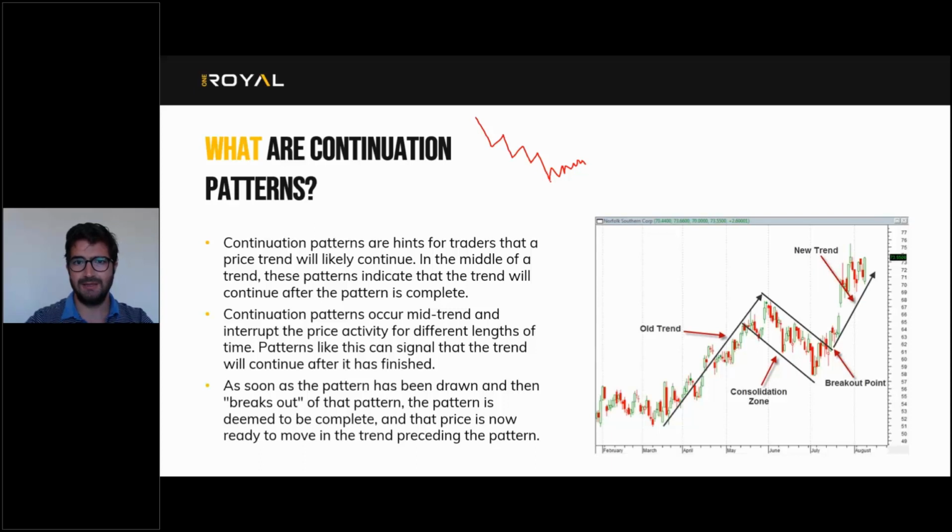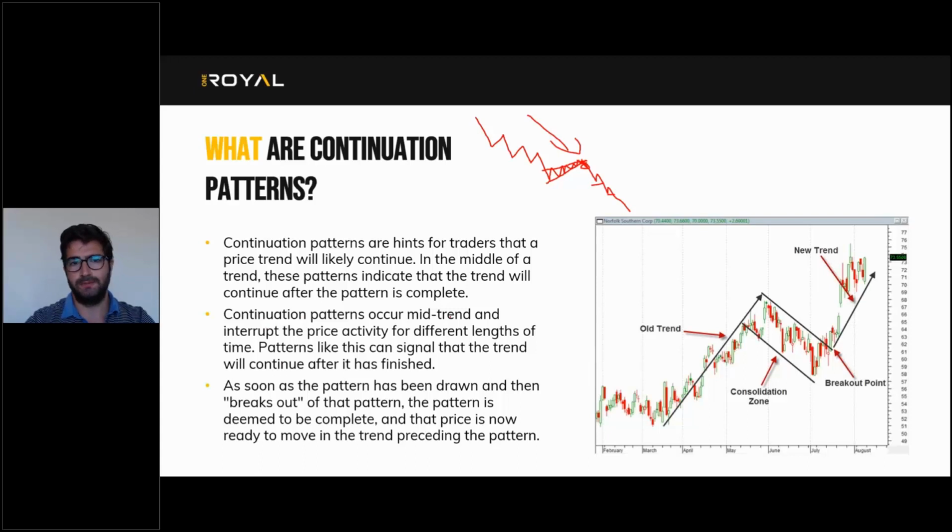This indicates that when we have a breakout out of this rising wedge, most probably it will continue in the same direction of the main trend, so to the downside, lower highs and lower lows. Okay, so this is what the continuation patterns are.